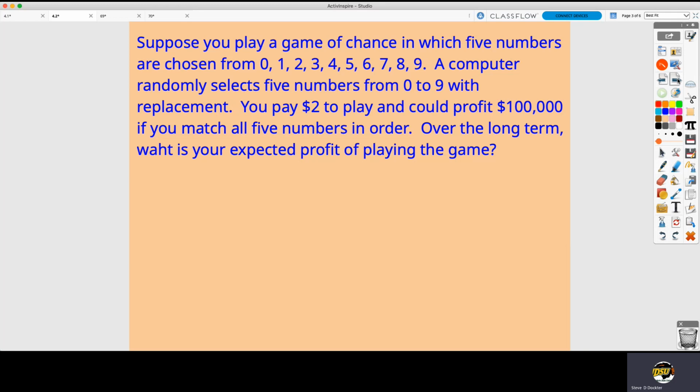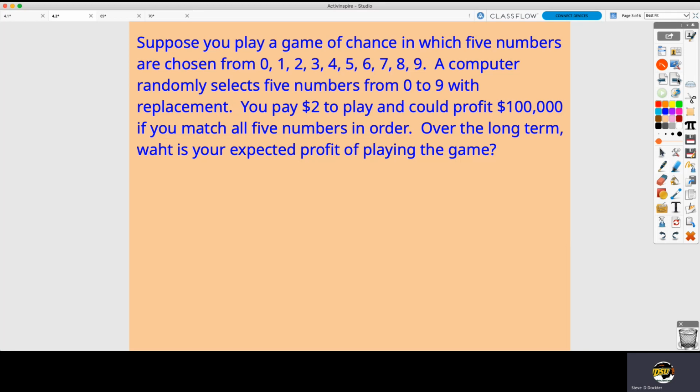All right, so this one here. You're going to play a game of chance in which 5 numbers are chosen, 0 through 9. A computer randomly selects those 5 numbers, 0 to 9, with replacements. So once the first one is picked, you could pick it again.